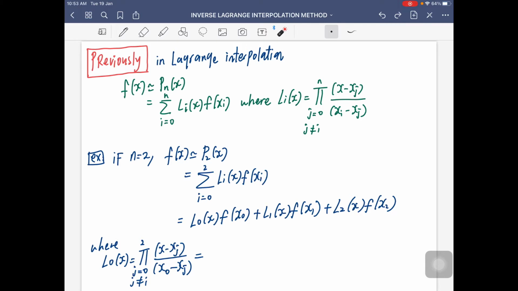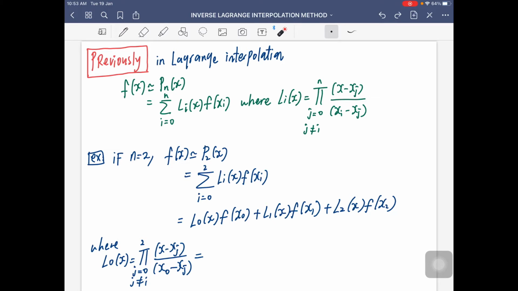If we open this summation, the summation means a linear combination, we add every term. So starting from i equal to 0, we have L0(x) times f(x0), which is known data from your table, plus L1(x) times f(x1), plus L2(x) times f(x2).